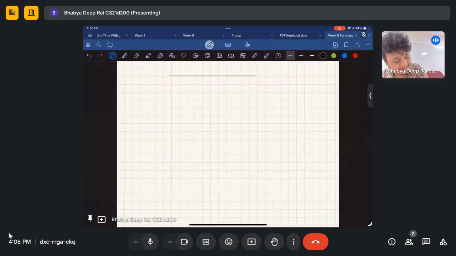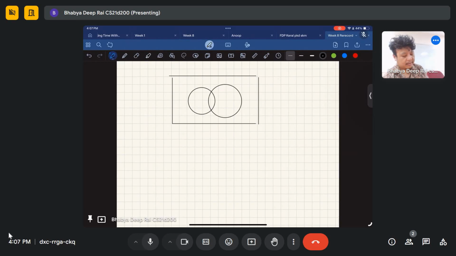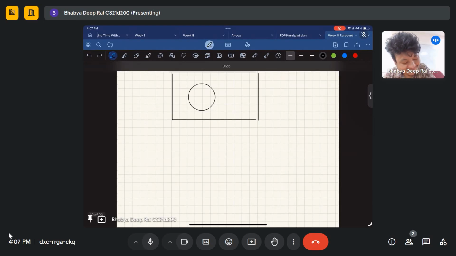So here's the diagram. Okay, they are not equal in size.